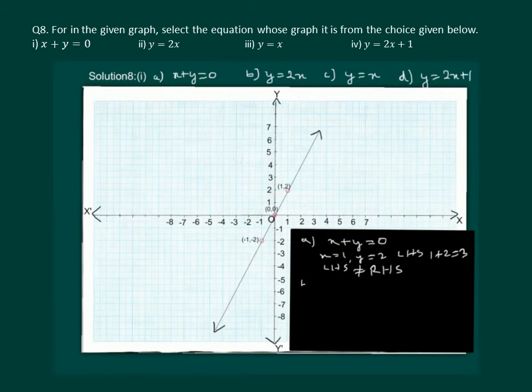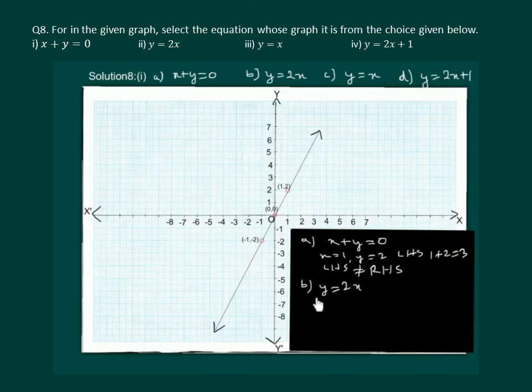Let us check for the second equation. We have y is equal to 2x. It passes through (1, 2). So let us substitute x equal to 1 and y equal to 2.